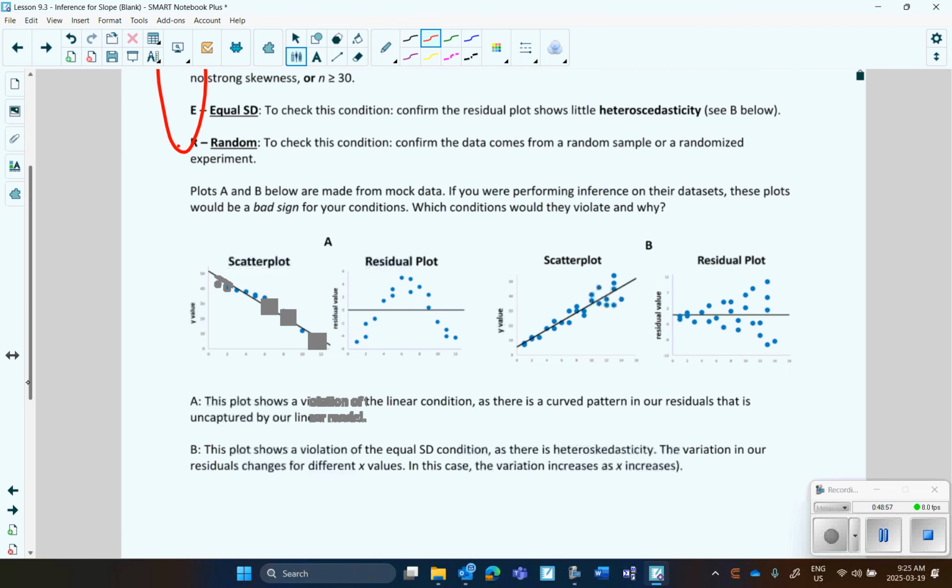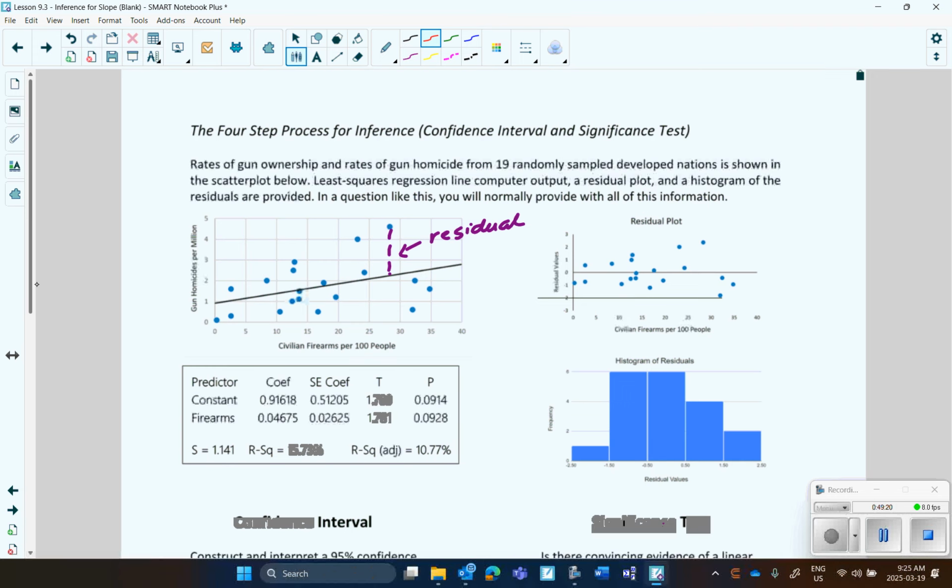If there is a leftover curve pattern in the residuals, that means linear is not a good fit. We stop. If it's randomly scattered about, same amount above, same amount below, linear is a good fit. So if we look at ours, we're pretty scattered about.